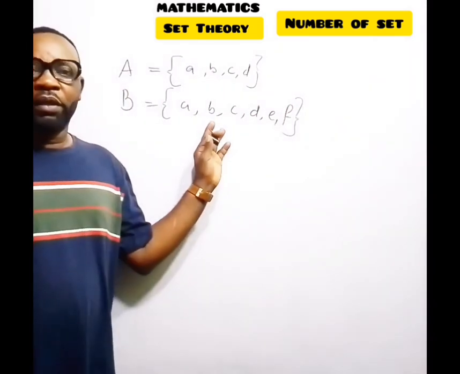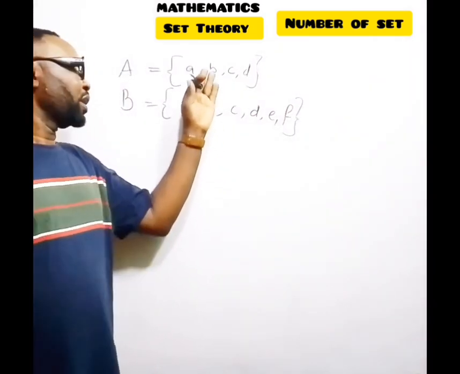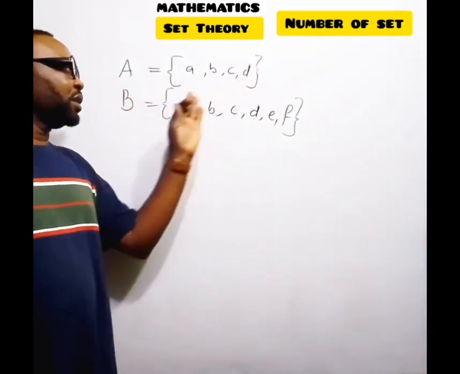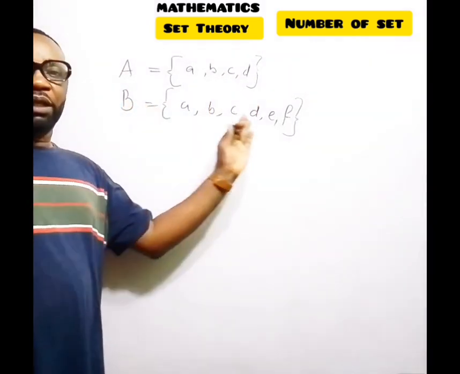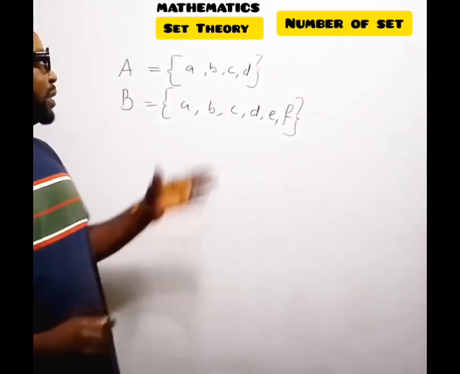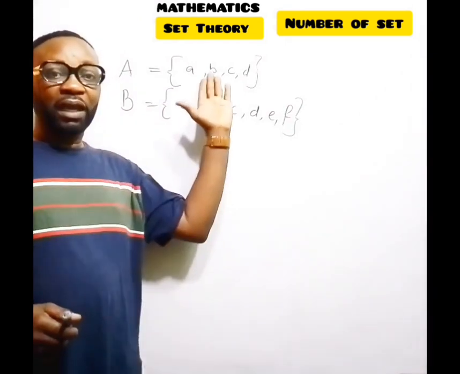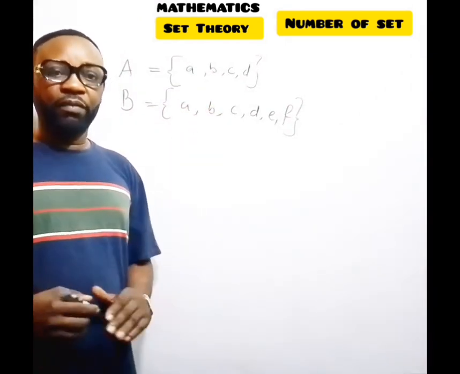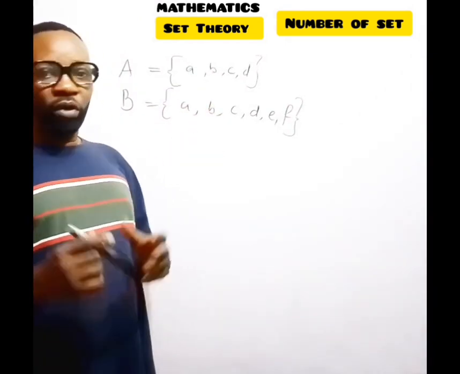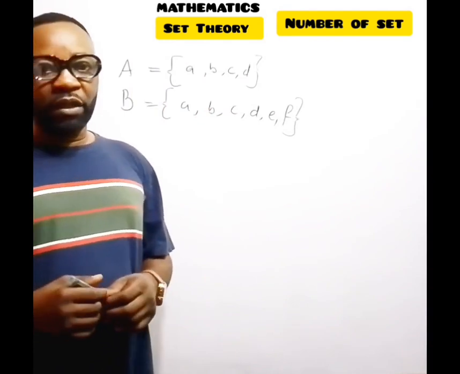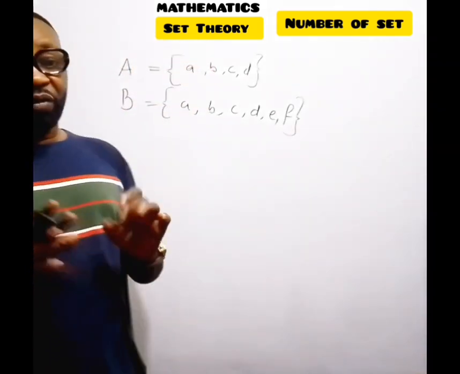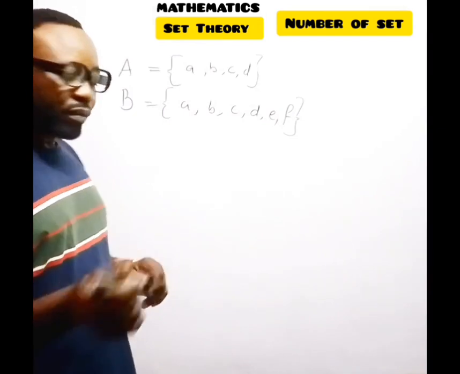Looking at these two sets, A is A, B, C, D, and B is A, B, C, D, E, F. There are some things in common within their elements. The first thing I want us to take note of is the counting of elements in a set.